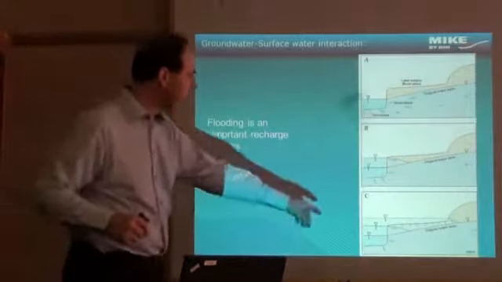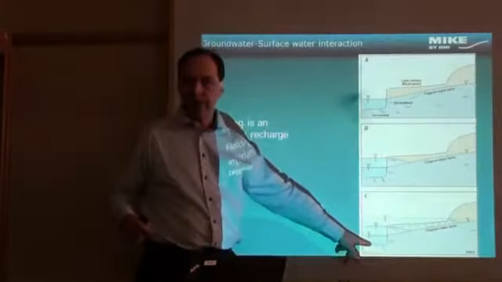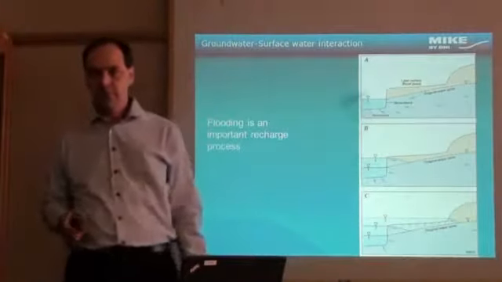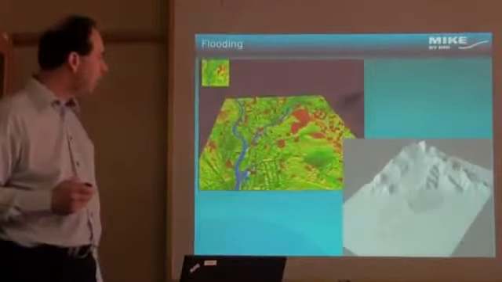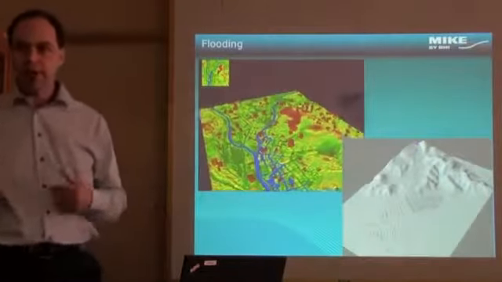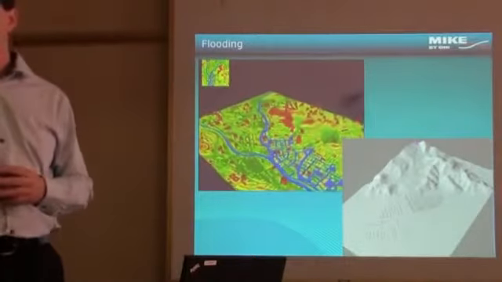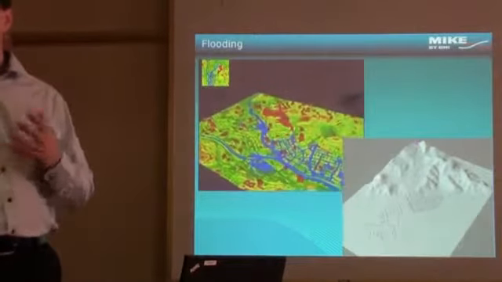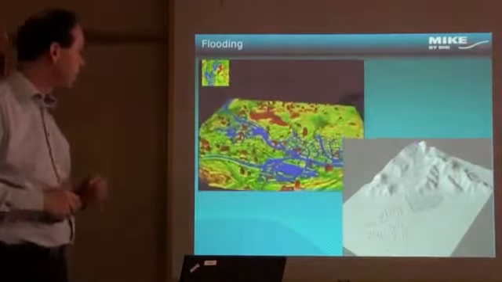Because this water, when it recharges here, will actually take many weeks or months to get back into the river system. And so when we can simulate flooding in a model, we can also simulate the impact of that flooded recharge on the groundwater system and on the surface water system over a long period of time.